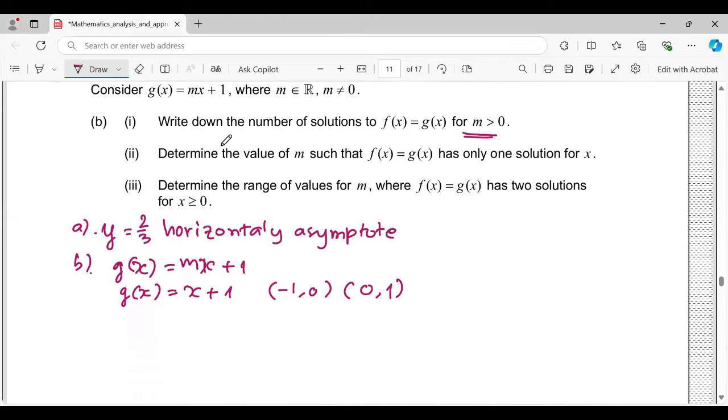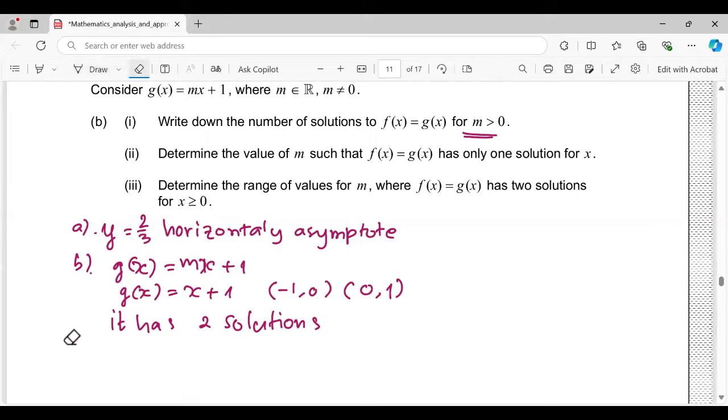So part B, it has two solutions. This is part 1, the number of solutions.